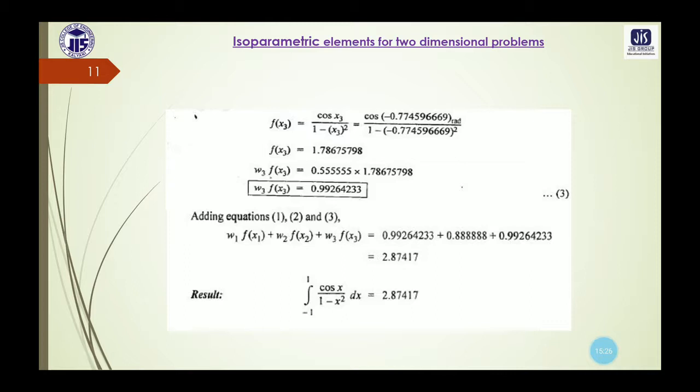Now we need to add all the three equations, that is the value of w1 f(x1) plus w2 f(x2) plus w3 f(x3). So the final result we are getting is 2.87417.